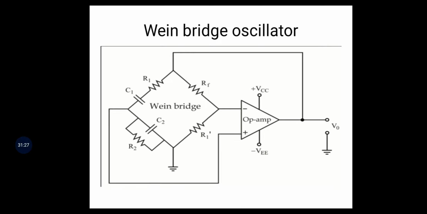If you take the loop, the closed loop gain is unity, that means it is equal to 1, and the total phase in the closed loop is 0 or 360 degrees.